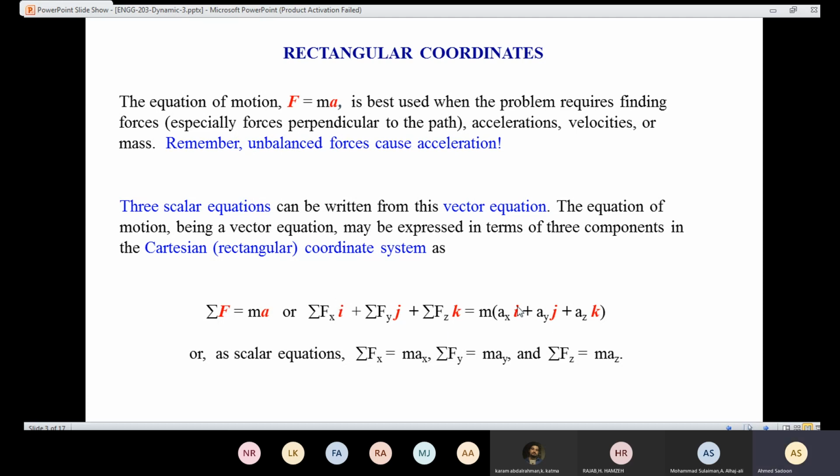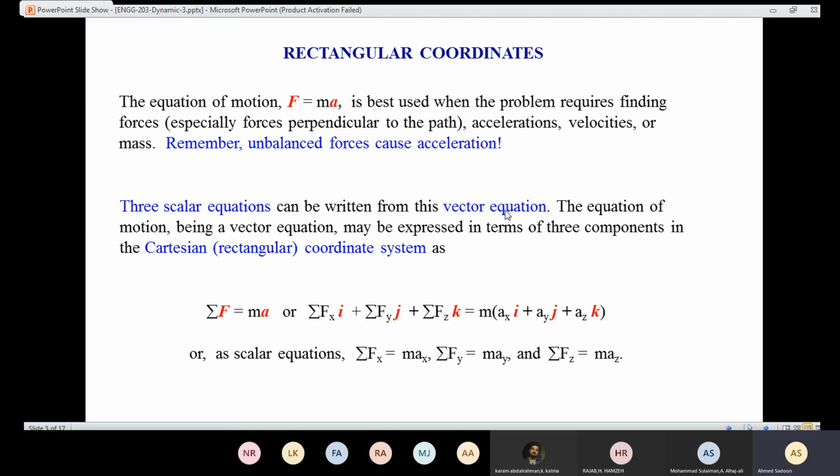Since the i component should equal the i component, I can say that the summation of the forces in x equals the mass times the acceleration in x. Also, I can say that the summation of the forces in y should equal may, and the summation of the forces in the z direction equals maz.